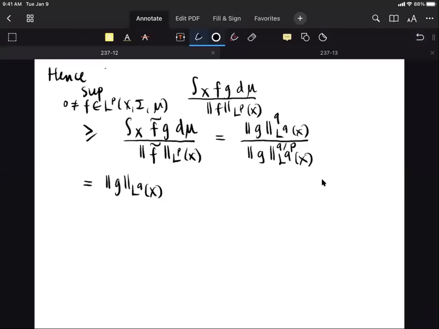There is a common factor q, so we can write that as q times the quantity 1 minus 1 over p. But since 1 minus 1 over p is equal to 1 over q, you end up with this. And this is the reverse inequality.